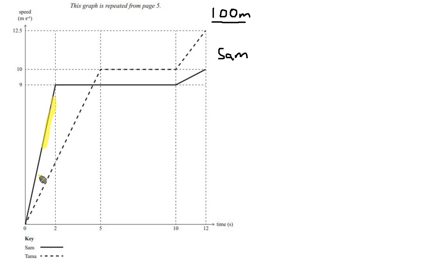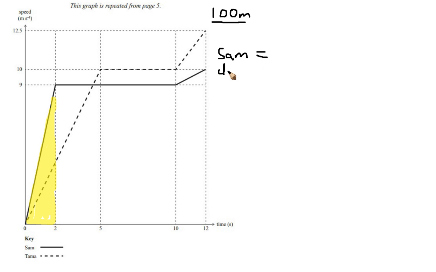We work out the area under this triangle section here. I'll try and shade that in. Okay, so that is the distance Sam's travelled.